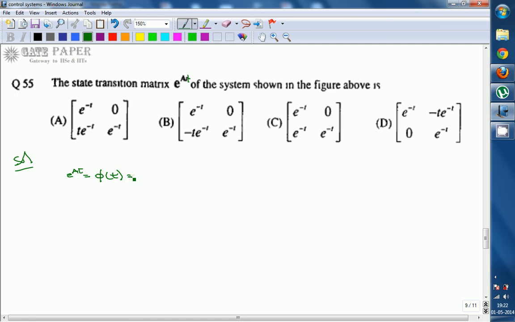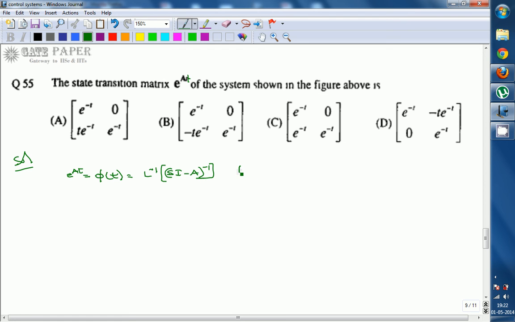This is obtained from the inverse Laplace transform of (sI minus A) whole inverse, that is the inverse Laplace transform of (sI minus A) whole power -1.